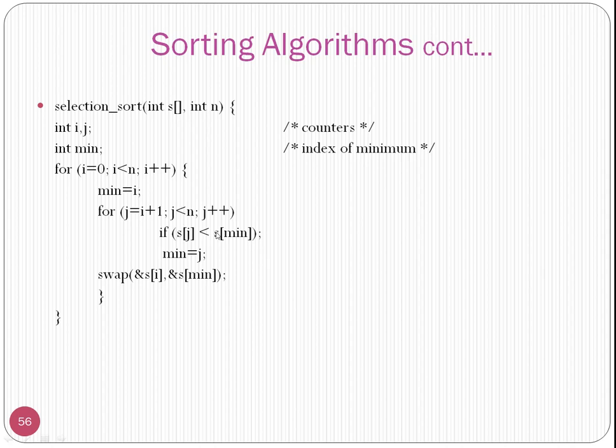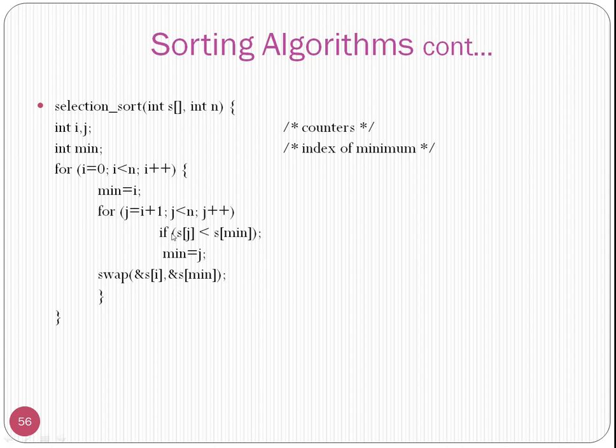And in this for loop, the if statement has the condition s of j is less than s of min. If this condition is satisfied, then this j value, the smaller value, will be assigned to min. Initially min has the value of i.